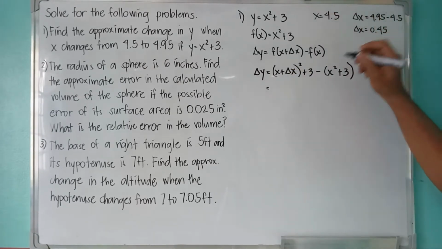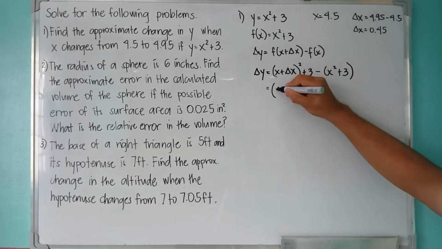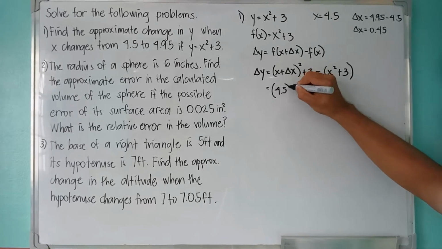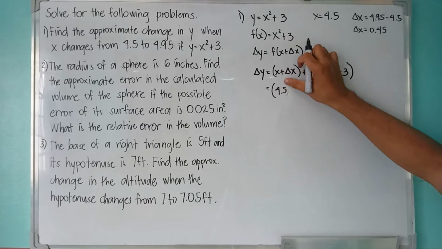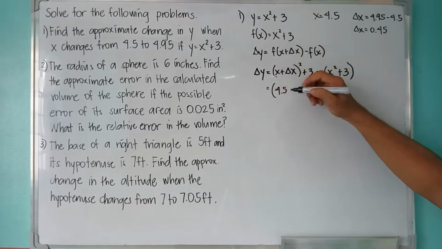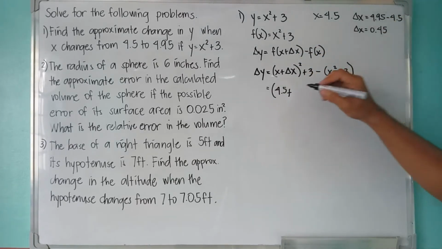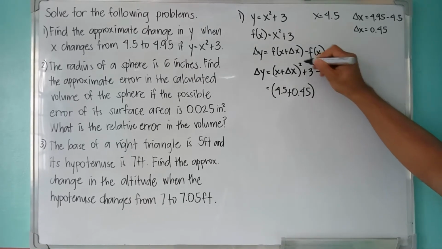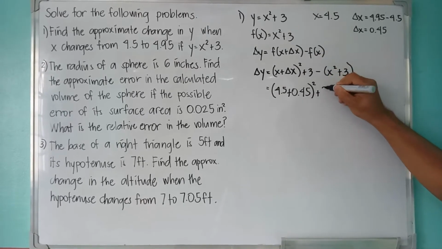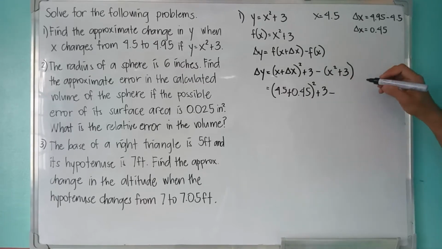Therefore, pwede na tayo mag-substitute ng values. Meron tayong 4.5 plus, di ba? Delta x natin which is 0.45 squared plus 3 minus, di ba?